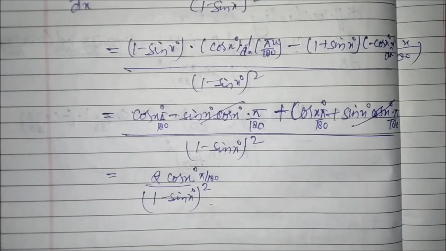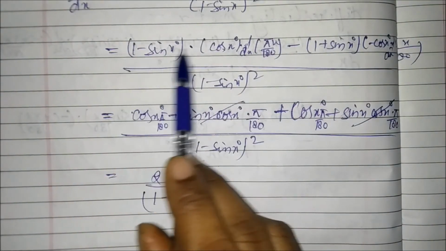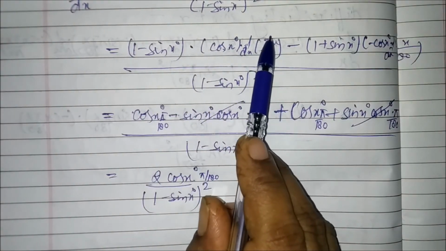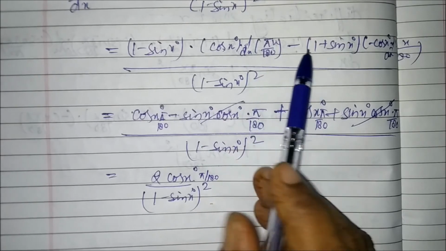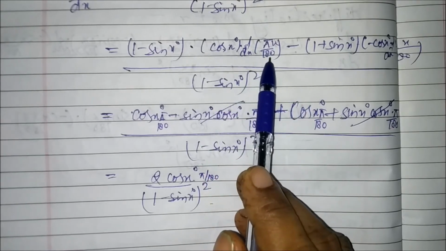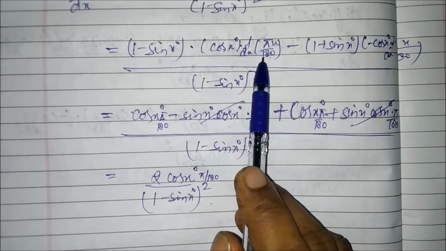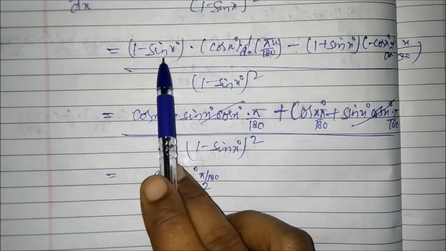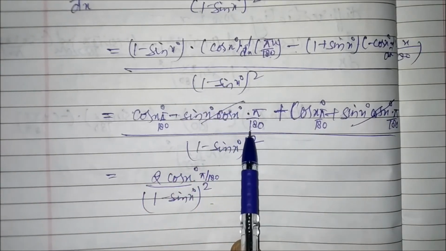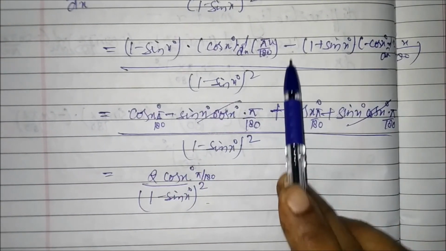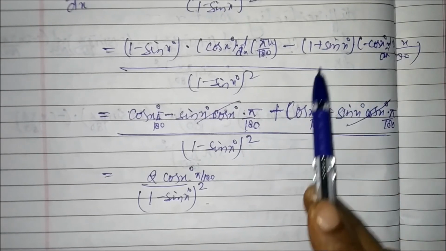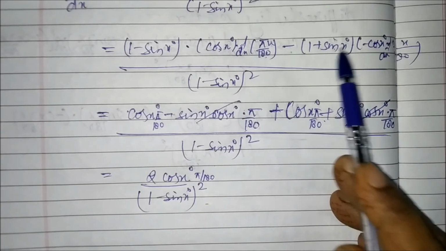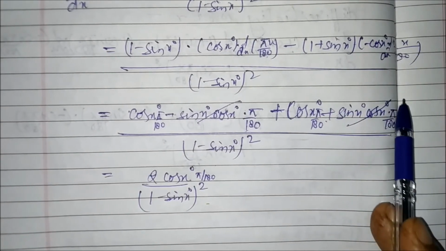Okay, so on differentiating pi x by 180 we get pi by 180. So cos x degree, pi by 180 is multiplied by 1. We get cos x pi by 180 minus sin x cos x pi by 180. In the same way here, this minus becomes plus cos x and pi by 180 and sin x cos x pi by 180. This whole term will be cancelled out.